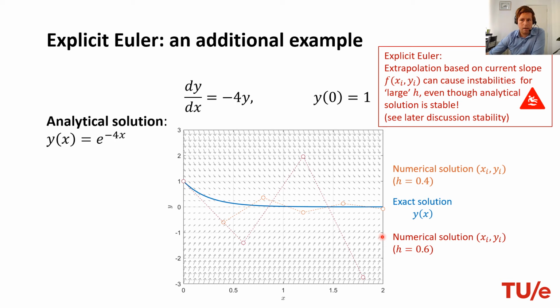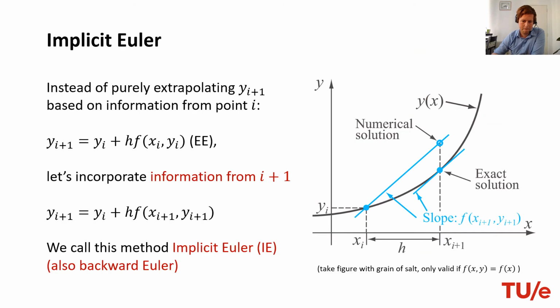We will come back to this in a later discussion on what stability actually is and how we can come up with criteria for h such that we can get stable numerical solutions. Now, this is a major downside of explicit Euler, these stability problems that might occur.